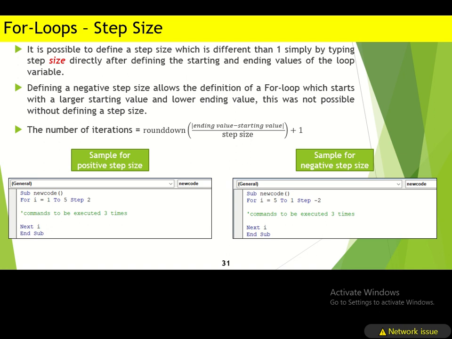When you are using a step size, it can become confusing, as you are going forward and backward. To see how many times the loop runs, you can use this equation to make sure. If I want to do it 100 times, will it do 100 times? Find out. Clear or not? But if you are doing for I equals 1 to 100, it will do 100.